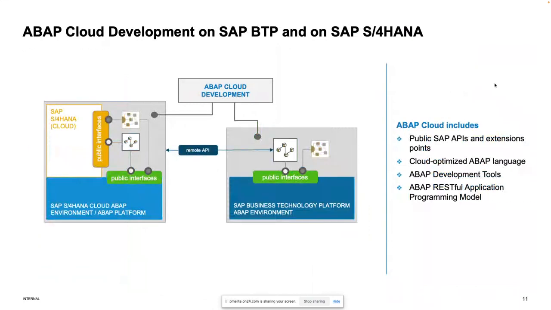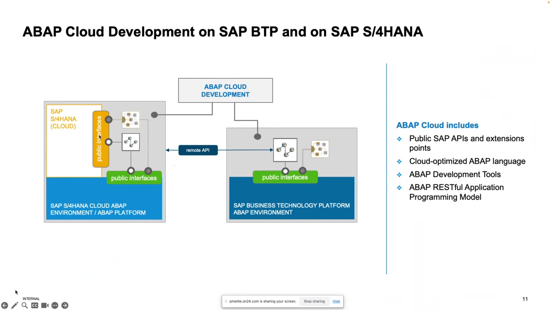Again, recapping what you have seen now in the system with the live demo. What you see here on the left side is S/4HANA. On the right side, the ABAP environment in BTP. And as you see, we have the loosely coupled stuff here with remote APIs. But also here you're building on the public interfaces of our ABAP core stack, formerly known as the basis layer, and the ABAP layer, sorry.